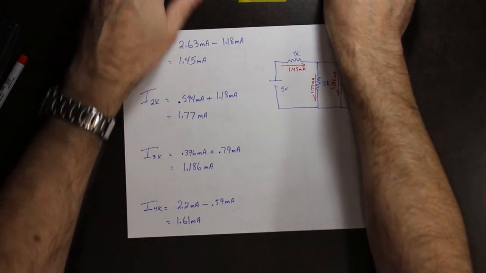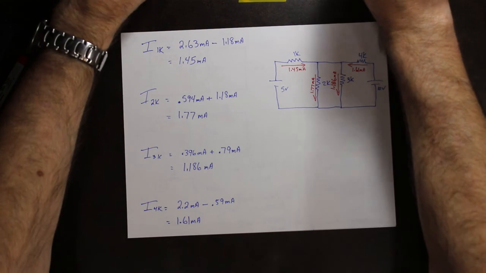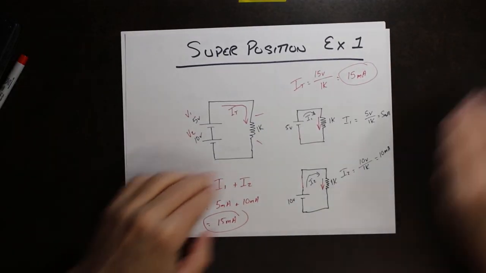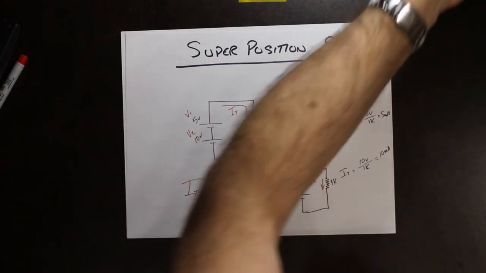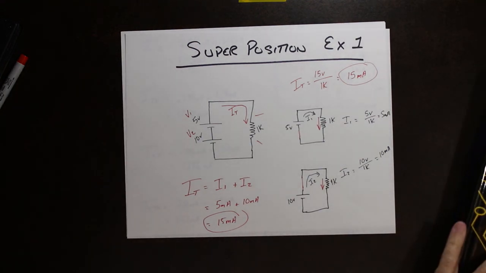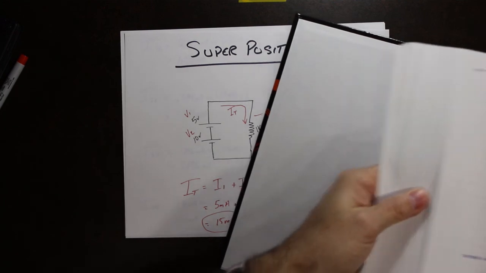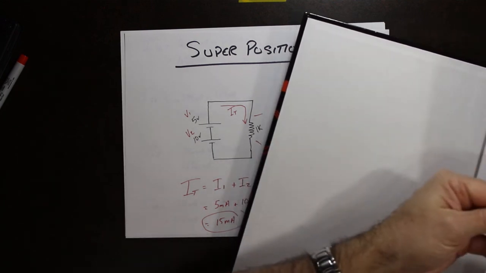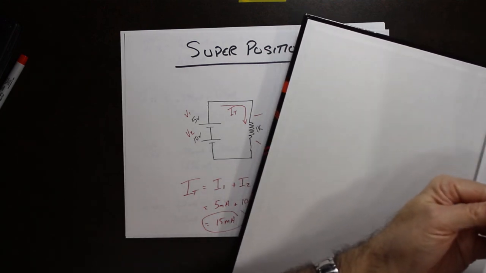This is superposition theory. You can find superposition theory in your textbook. So chapter 8 and superposition theory is, what do we got?